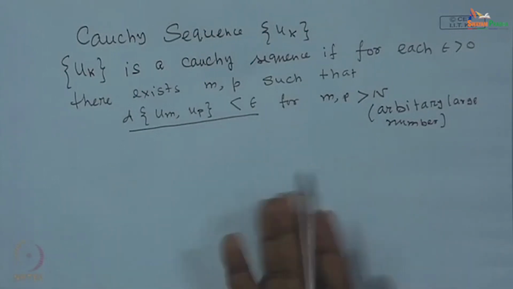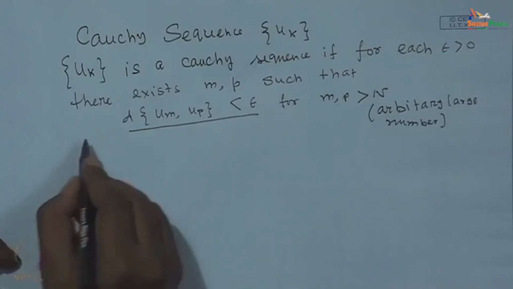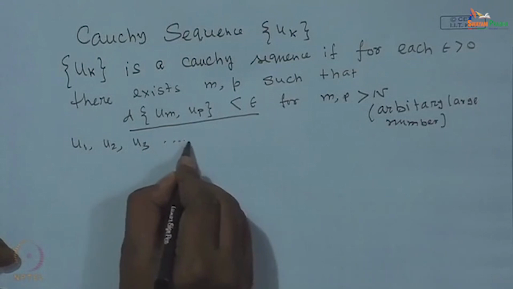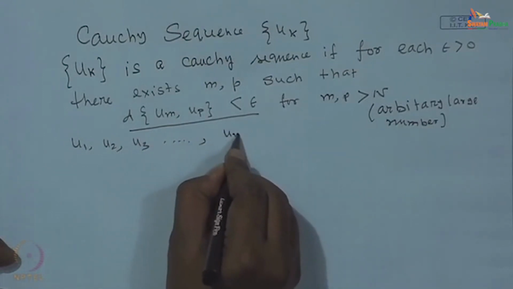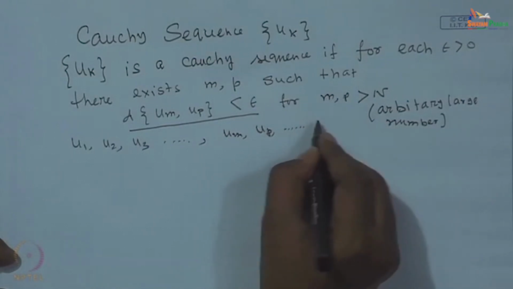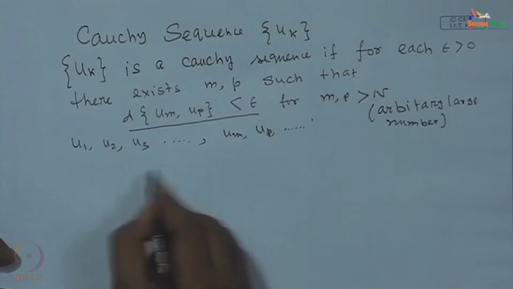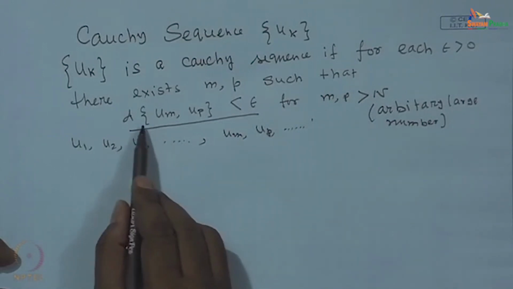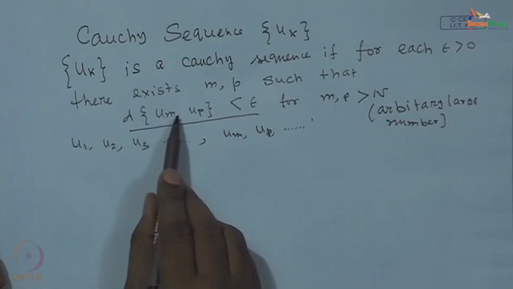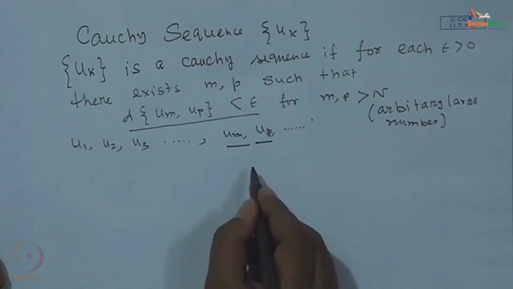The fundamental idea here is that we are talking about the sequence u_1, u_2, u_3, up to u_m, u_p. We try to find the metric between the mth element and the pth element, where m and p are extremely high.